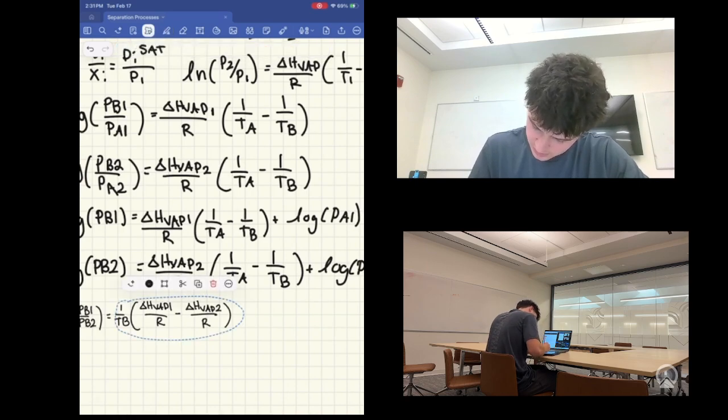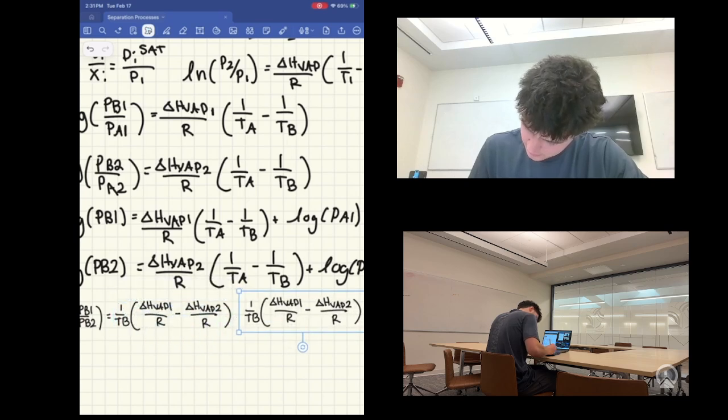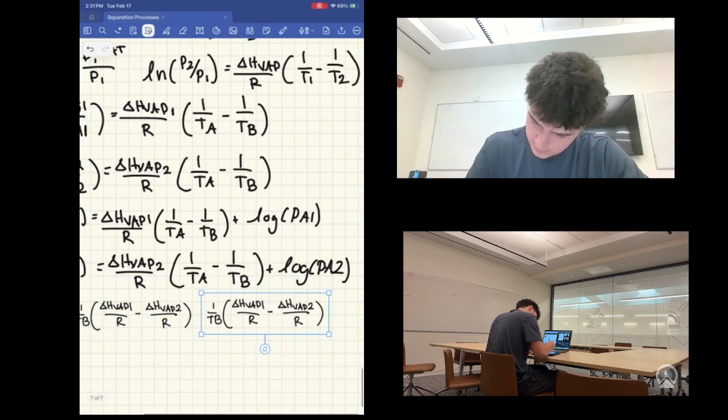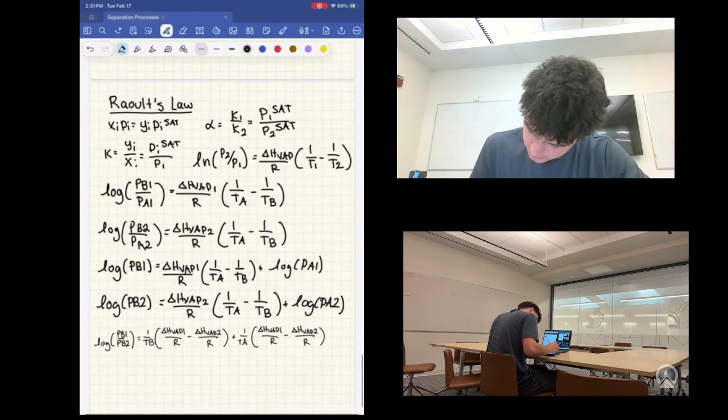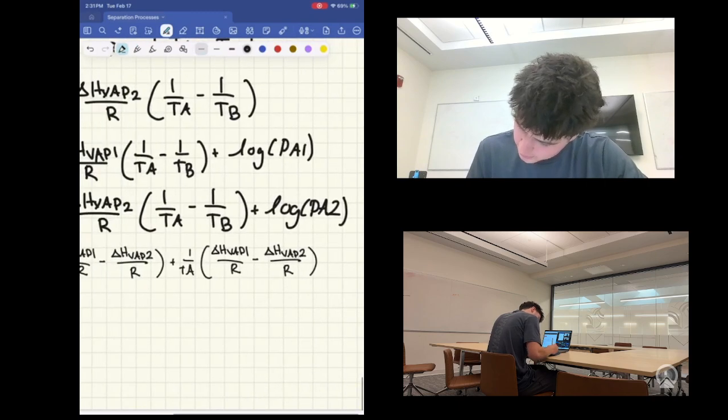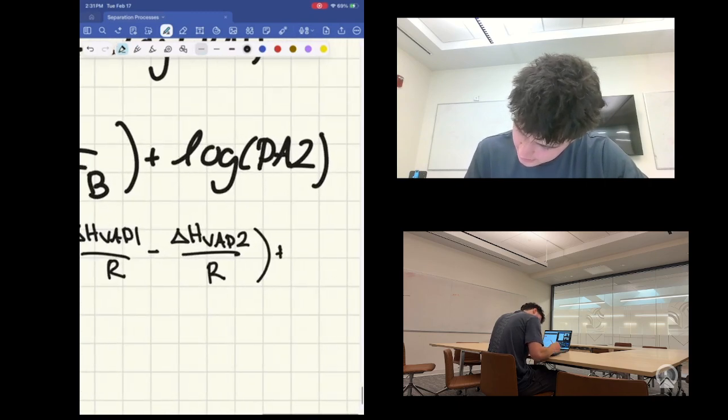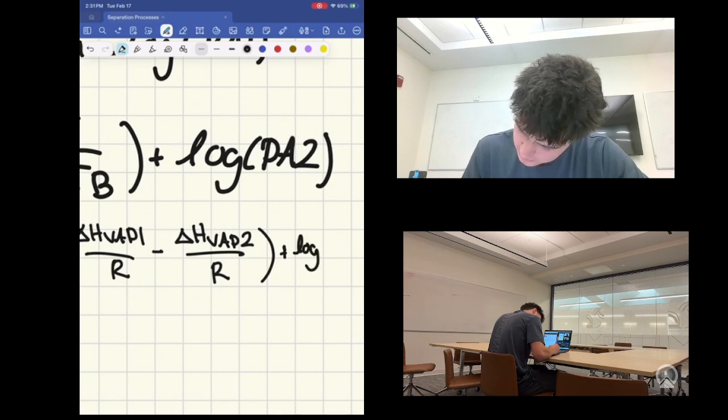We will add this, but now with instead of TB, we're going to make this TA. And then our final term, I'm going to try to fit it. We're going to add log, this is going to be tight, PA1 over PA2.